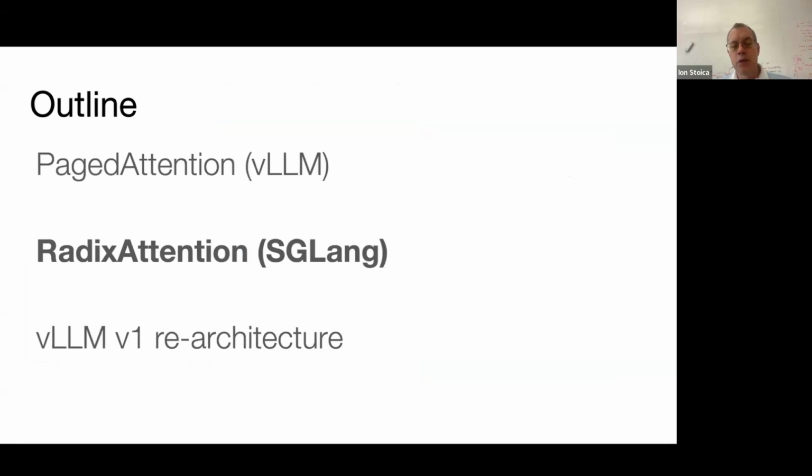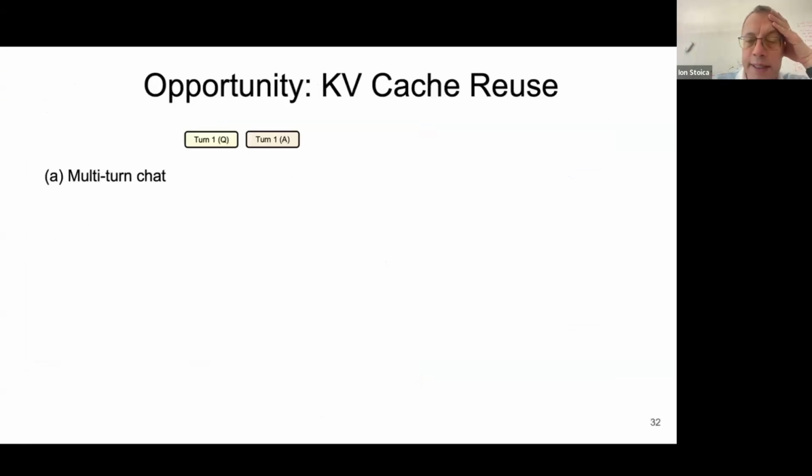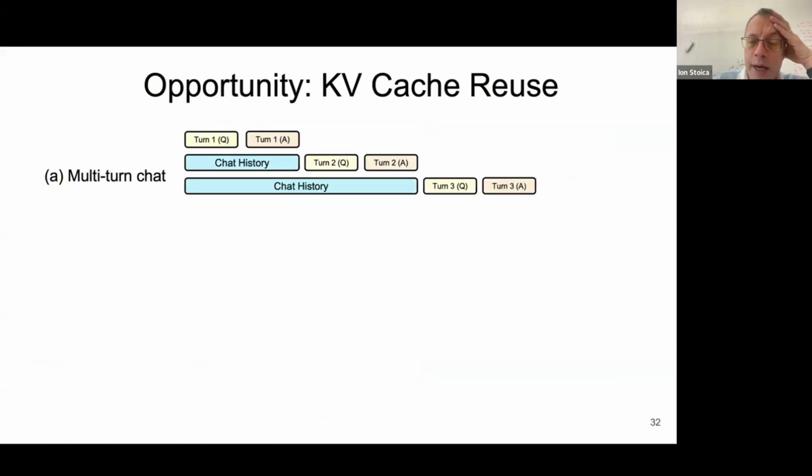So next, let me talk about RadixAttention, the second technique, and this was a technique which was developed in SGLang. And this is a little bit about sharing. It's KV cache reuse. Okay, so in many cases, you have subsequent requests that use a prefix from the previous one, or they share the prefix with previous ones.